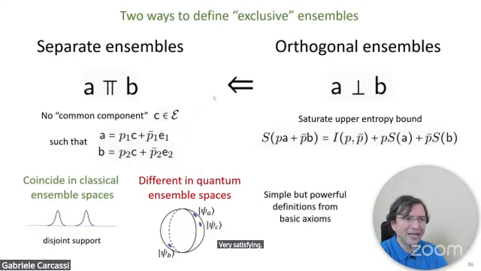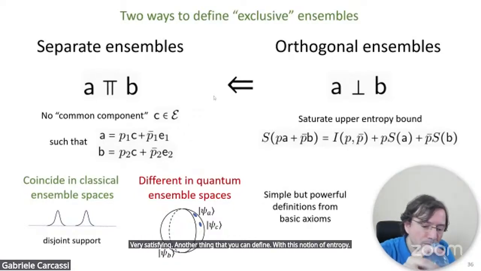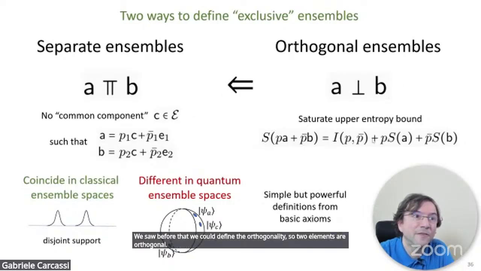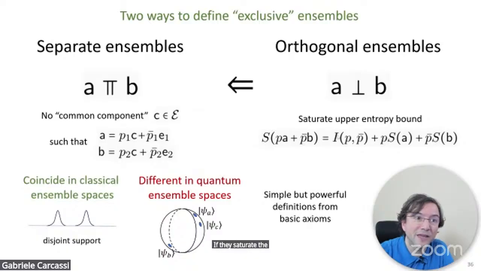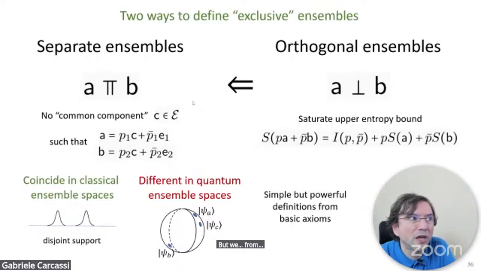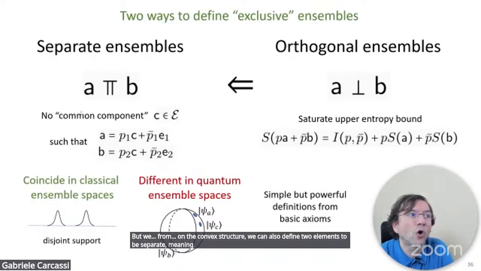But everything that you can define with this notion of entropy, we saw before that we could define the orthogonality. So 2 elements are orthogonal if they saturate the upper bound, if they maximally increase the entropy after a mixture. But on the convex structure, we can also define 2 elements to be separate, meaning that there is no common component.